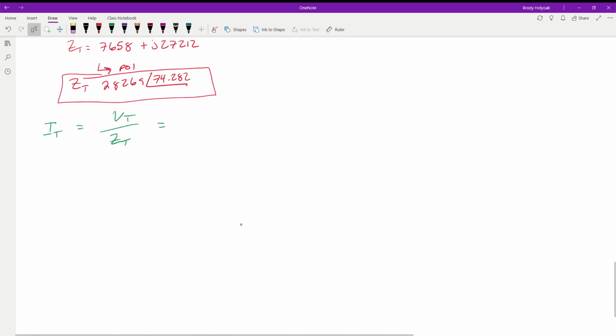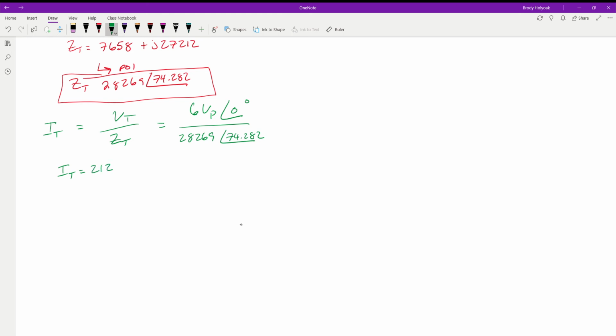So we have 6 volts peak at 0 degrees, and our impedance total is 28,269 at 74.282. We run that through our calculator, and I total comes out to be 212.247 microamps at an angle of negative 74.282 degrees.